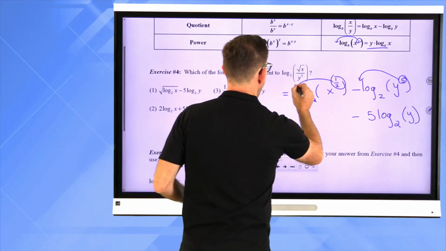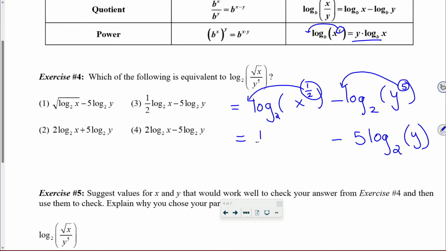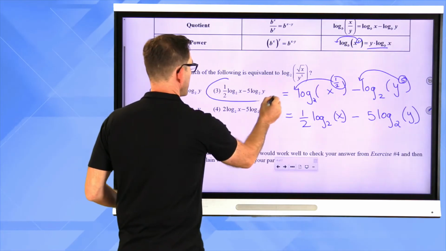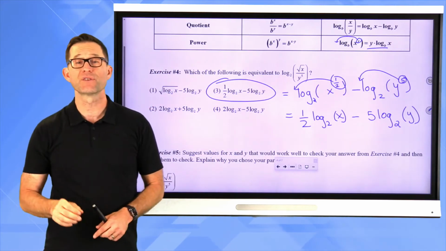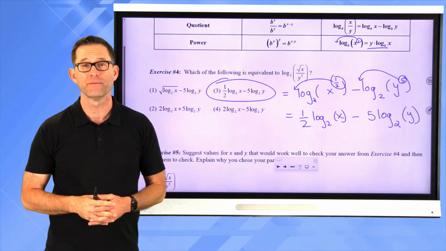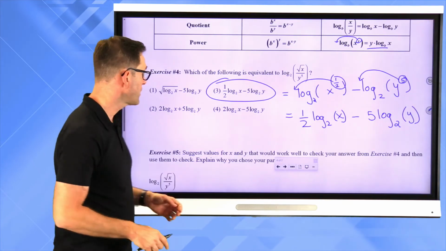I can bring that power out front. That becomes 1/2 log base 2 of x minus 5 times the log base 2 of y, and that is, of course, choice 3. The key there is to recognize that square roots are the same as the 1/2 power. Okay, let's take a look at another one.